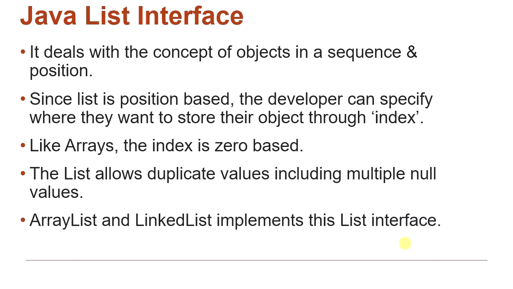ArrayList and LinkedList implement this list interface. There are other collections also, but in this video series we are going to look at ArrayList and LinkedList and see how they implement the list interface.